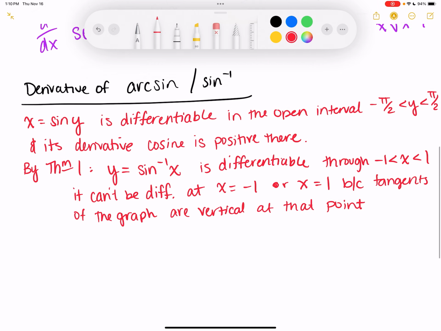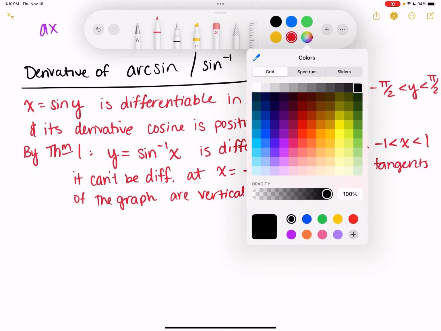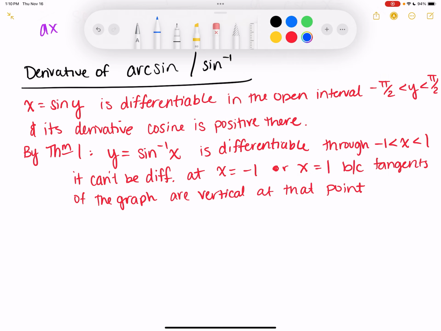So now, to actually take the derivative of y equals the inverse sine of x, we would start with the sine of y is equal to x, which is an inverse function relationship.